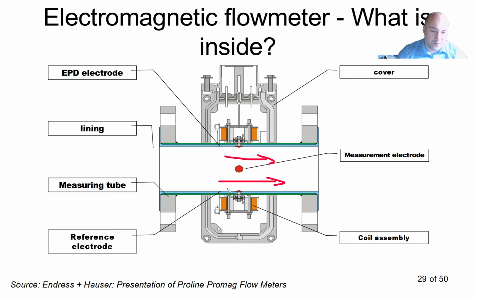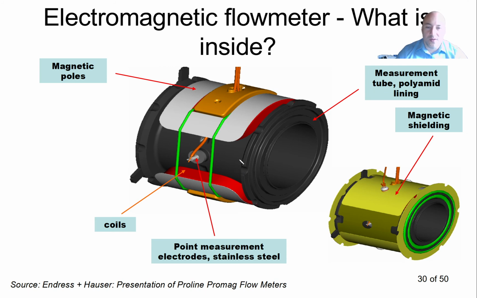It's in the magnetic field that is oriented like that, and in the perpendicular direction we will be able to measure the voltage. If we take a look at the whole assembly, it looks like that.